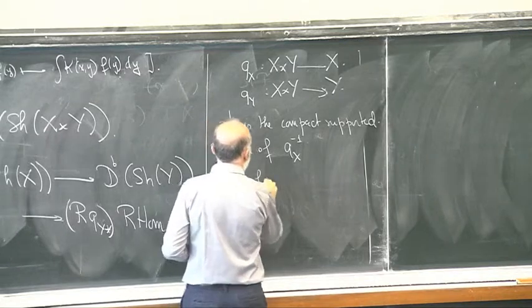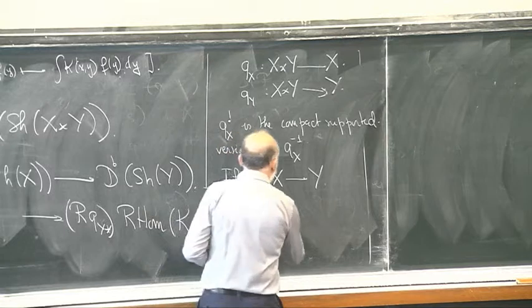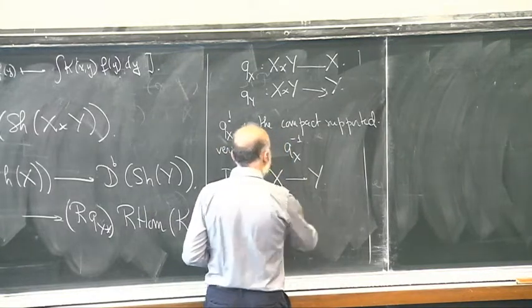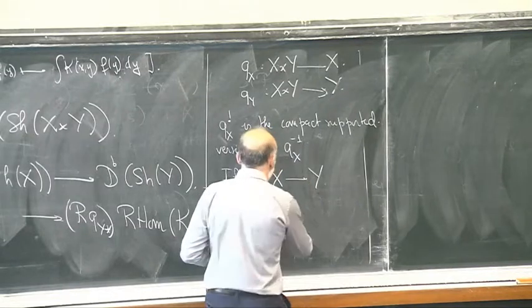Now, if f is a map from x to y, there's a functor f minus 1 which sends a sheaf over y to a sheaf over x. And how does it work?